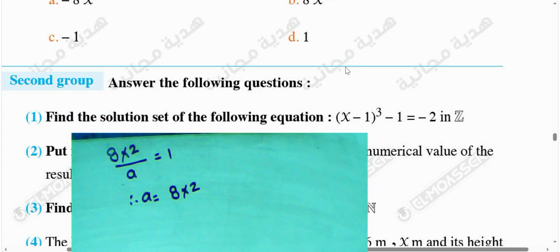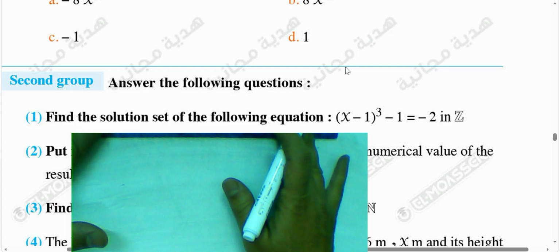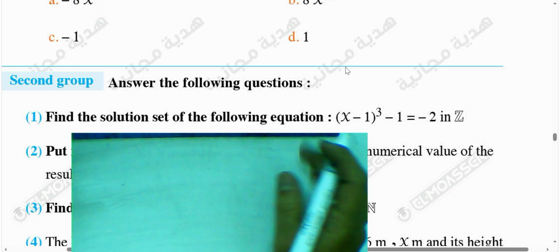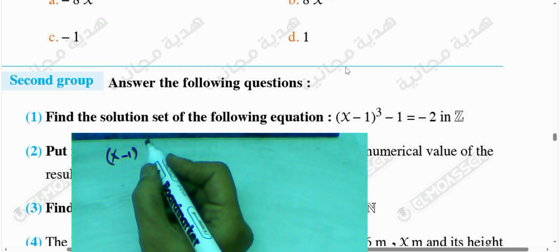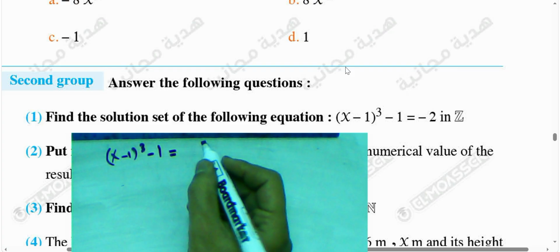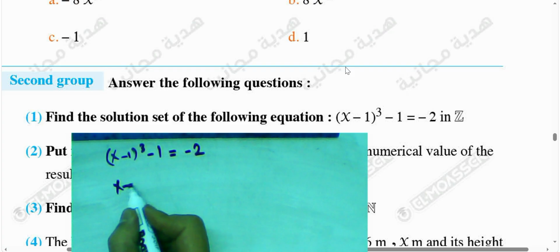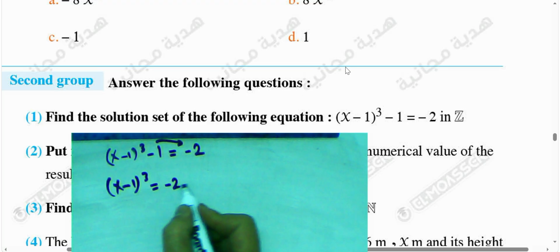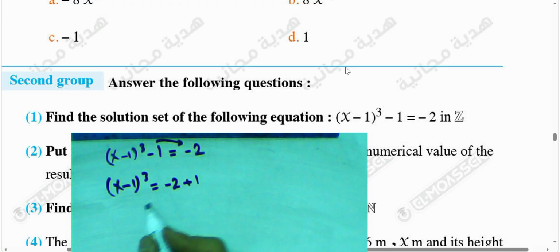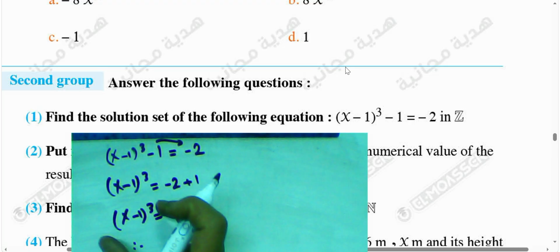Second group. Find the solution set of the equation (x minus 1) power 3 minus 1 equals negative 2. First step, we move negative 1 to the other side and change the sign: negative 2 plus 1. Then (x minus 1) power 3 equals negative 1. We take the cubic root of negative 1 to cancel power 3.